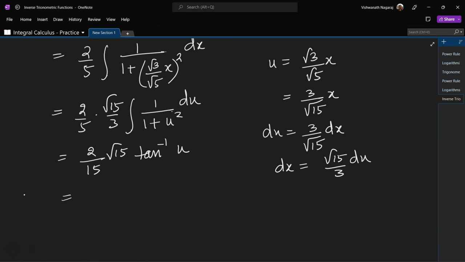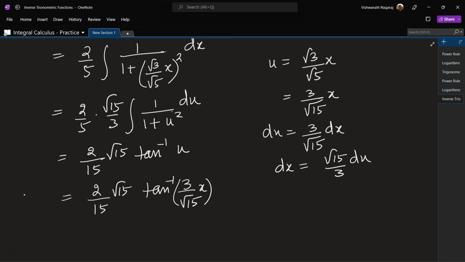And let's rationalize the numerator. We don't have to actually, but root 15 seems fun because, basically, the objective is, if we substitute back u, we get root 3 by root 15 x, right?